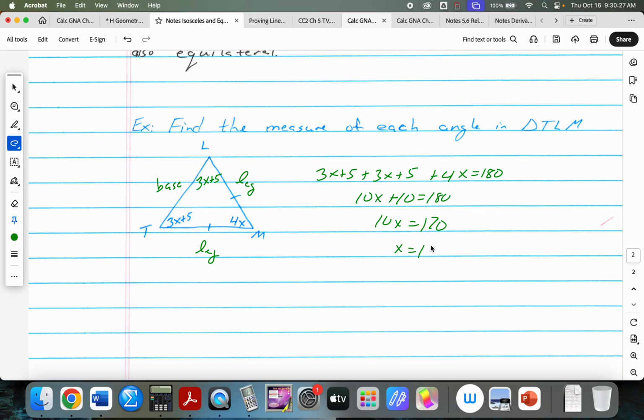So the measure of angle M is going to be 4 times 17, which is 68 degrees. The measure of angle T and the measure of angle L, let's see, 3 times 17 plus 5, that's 30, 51, 56. You're exactly right. And the crowd goes wild.